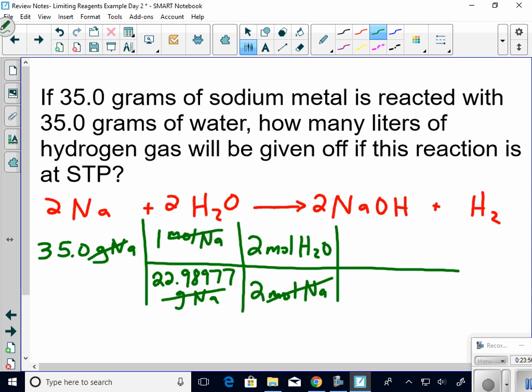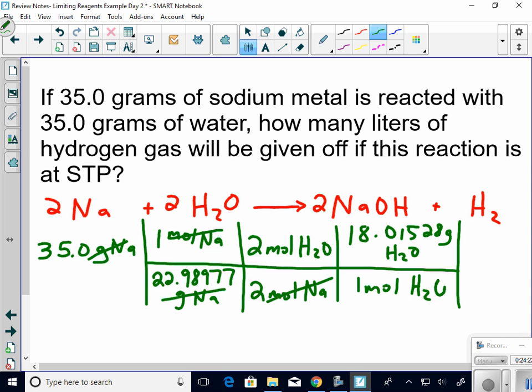My molar ratio, 2 to 2. Finally, I go back to mass of water, 18.01528 grams of water is 1 mole of water. My moles of water should cancel, and they do.